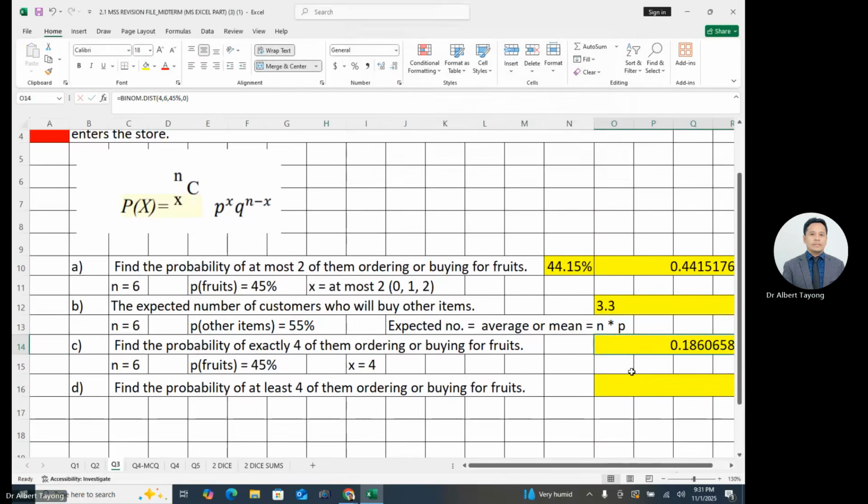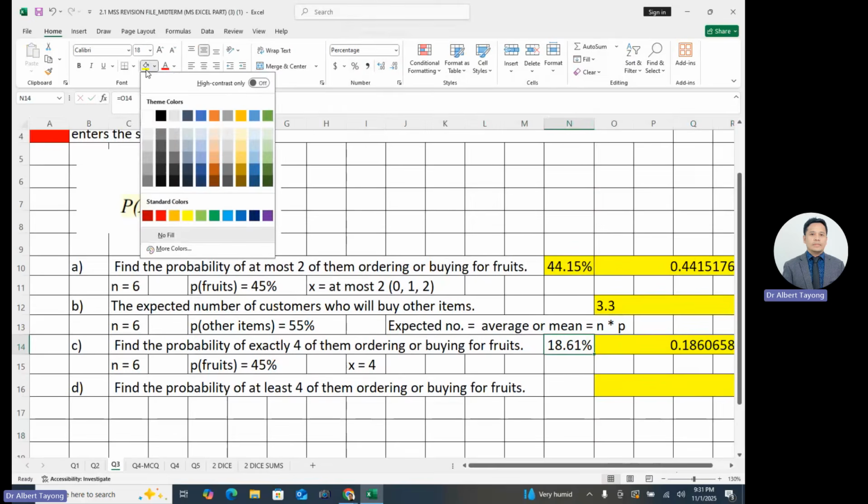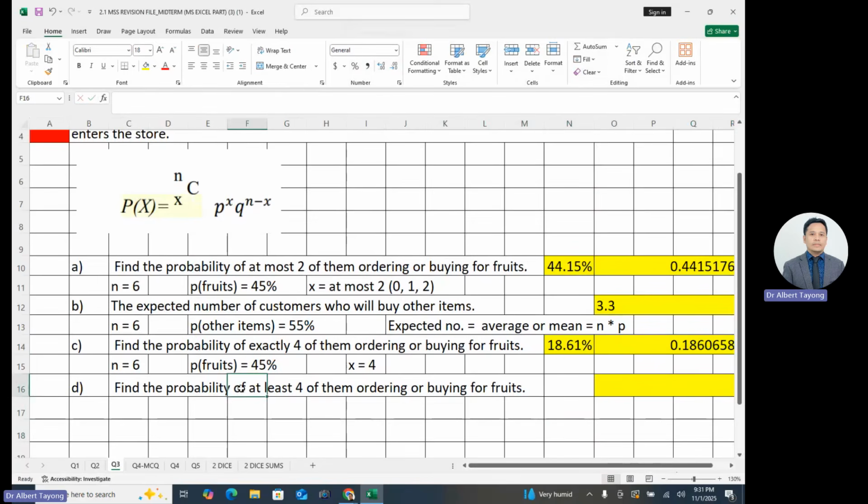Okay, so the answer is 0.18. Change this to percent, equals the decimal and click percent, increase to 2 decimal places. So 18.61%.